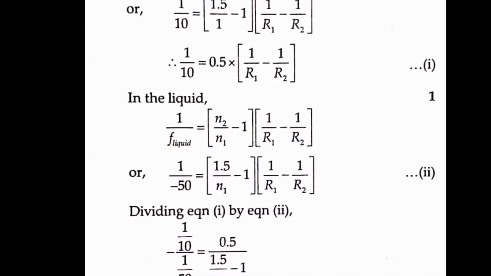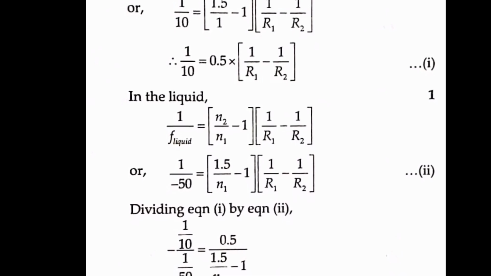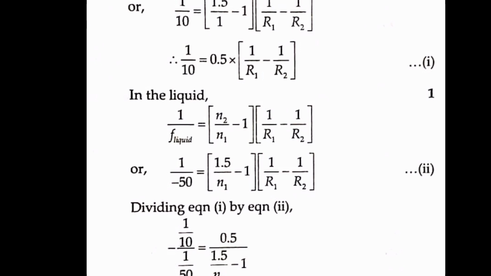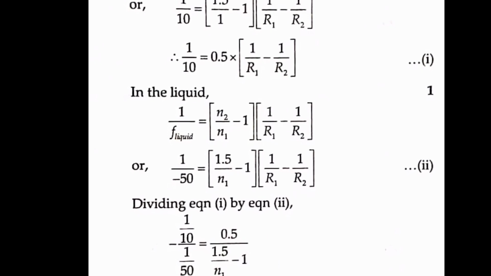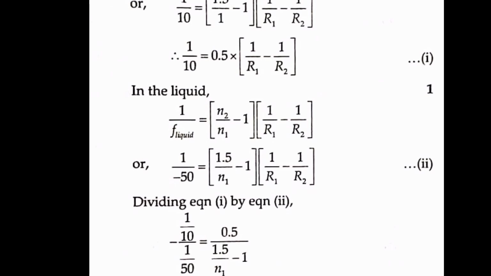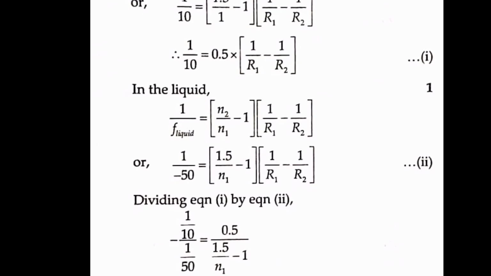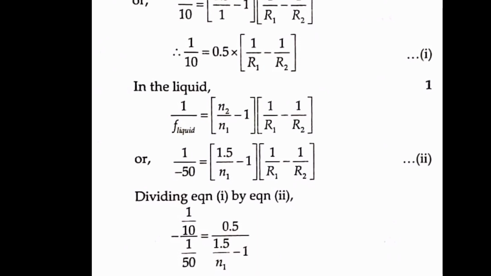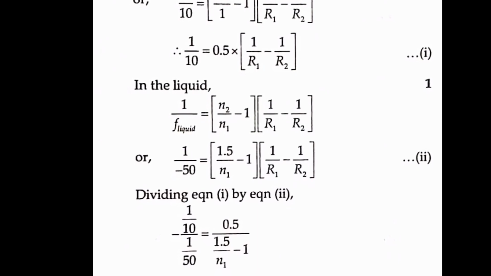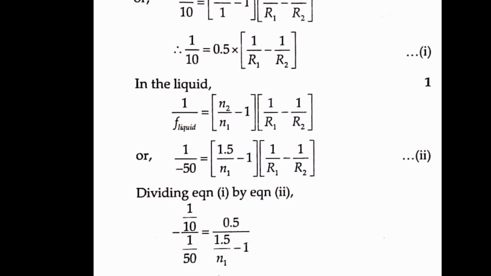Now we have two equations. If we divide these two equations, on the LHS we get 1 by 10 divided by 1 by minus 50. That is equal to 0.5 divided by 1.5 by N1 minus 1.